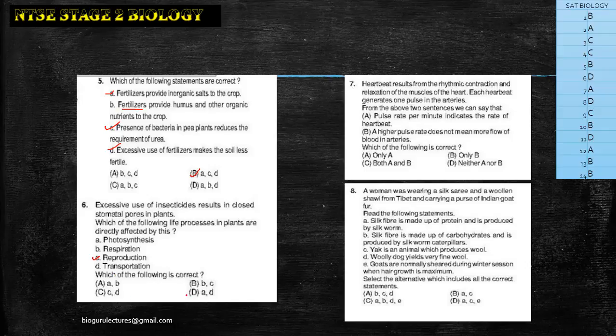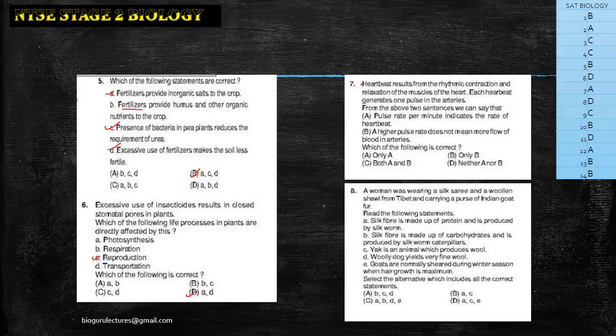So A and D are right, whereas the other ones may not be right because transportation and photosynthesis have a very close relation. Respiration is also affected, but the plant will not show a very differentiating process like photosynthesis because almost all of them have similar processes.